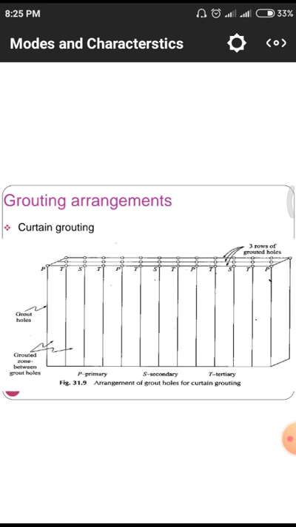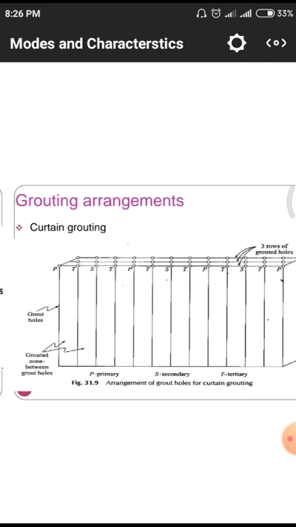Those grout holes take these materials and inject them into the void contents: primary, secondary, and tertiary. First one is primary, second is secondary, third is tertiary. In those three cases, they want to finish the total earthwork.